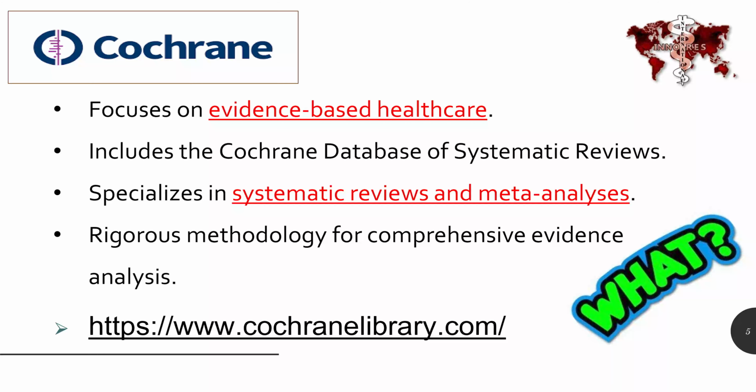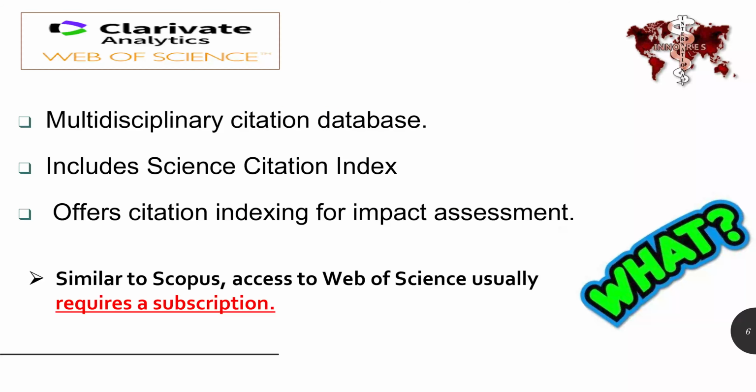The next would be the Web of Science. It's similar to Scopus. It is also a multidisciplinary citation database. It includes the Science Citation Index and offers citation indexing for impact assessment. Similar to Scopus, access to Web of Science usually requires a subscription.